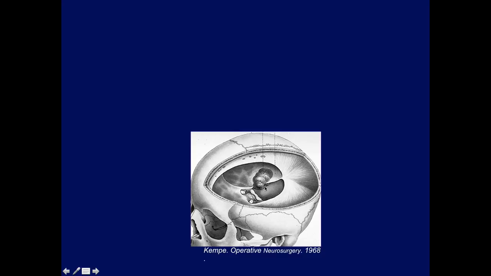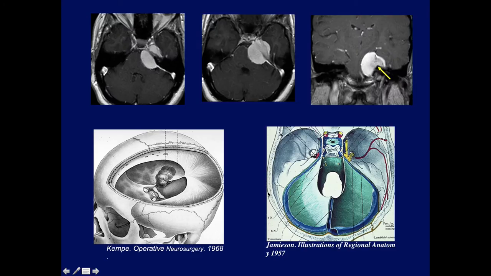And how do these look? So here we have a surgical diagram showing the free edge of the tentorium, and here is this lesion. What these lesions tend to do is grow around the temporal bone, on the upper surface of the temporal bone and on the medial surface, and even further. So here's one of these meningiomas. Here it looks like two separate meningiomas, but as you go up high, you can see it's a single one.